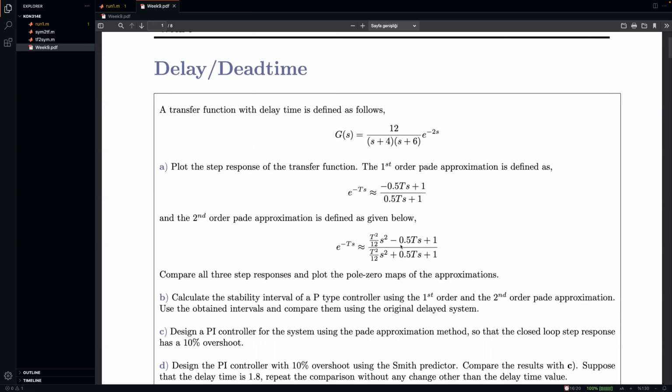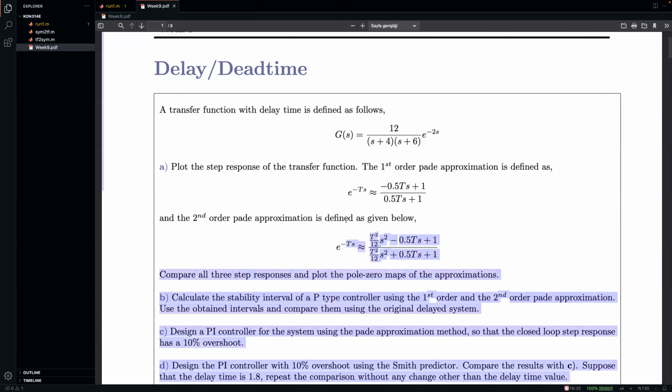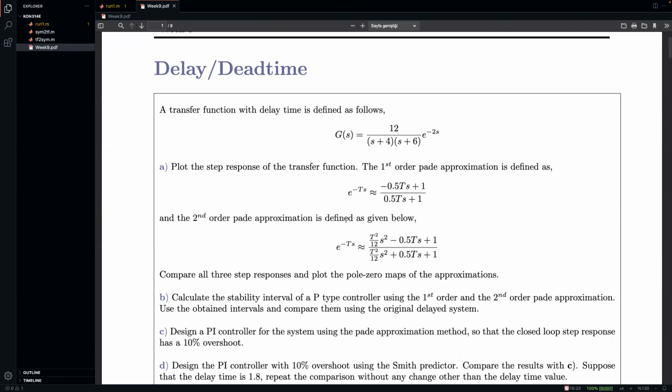For the controller synthesis, we are going to use the step response of the Padé approximation, and we are going to compare that with the step response of the actual system, and we'll see if it's representing it enough. If it is enough, and if it satisfies us, then we will leave the problem. We've solved the problem. We will terminate the problem.